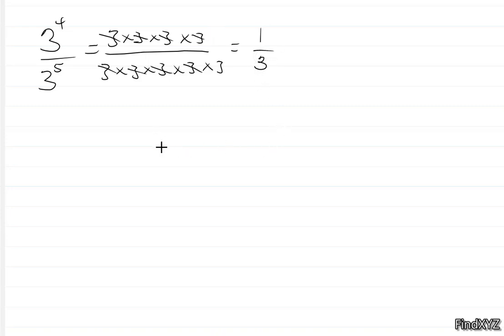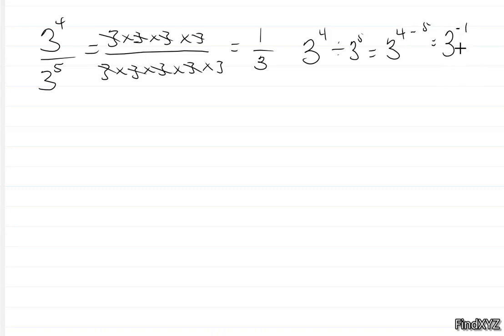Now let's use the idea of dividing exponents to solve this. So we can write 3 to the power of 4 divided by 3 to the power of 5. Because they are dividing, we can write the base and then subtract the exponents. So we have 4 minus 5, which will give us 3 to the power negative 1.